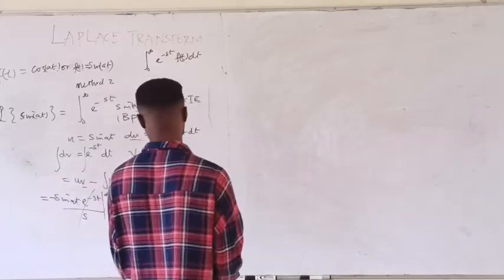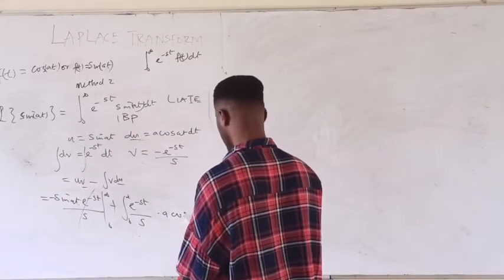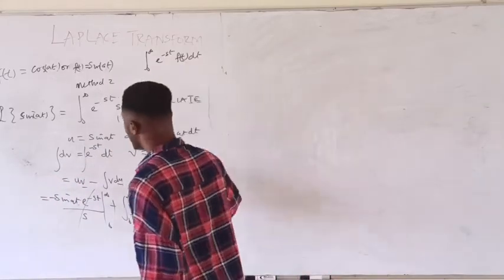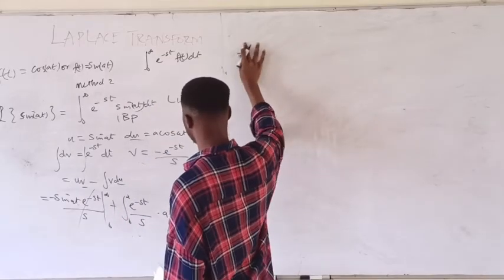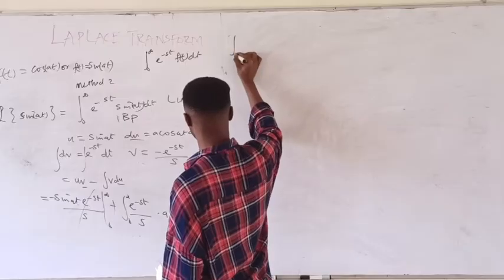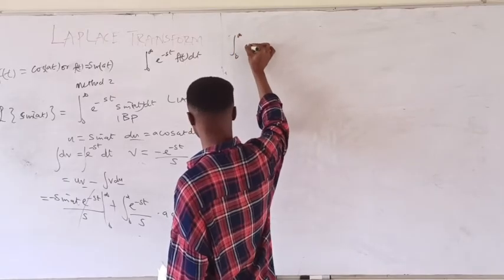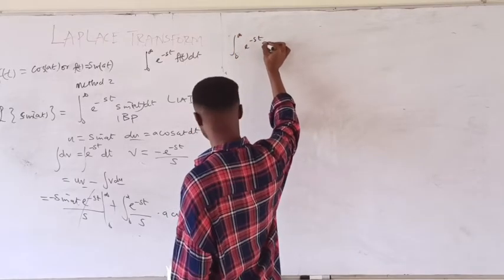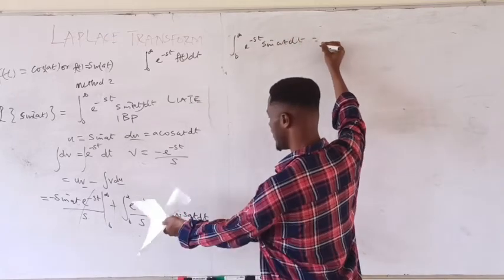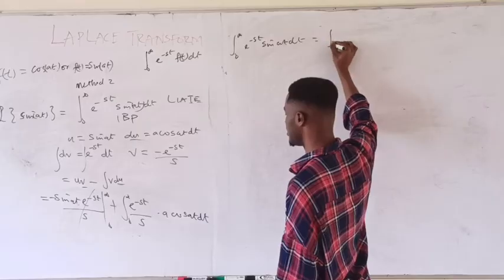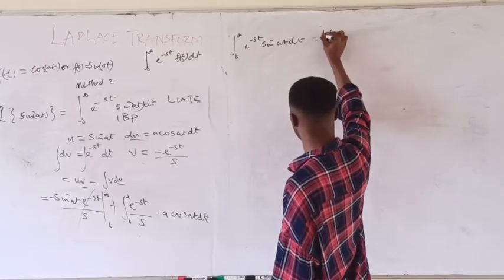So what I have left is the integral from 0 to infinity of exponential of minus st sine at dt, which equals what I have left here.